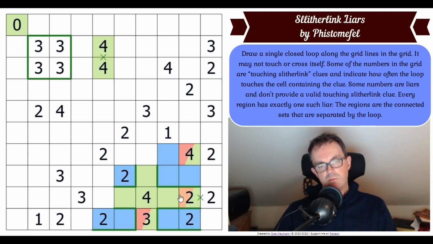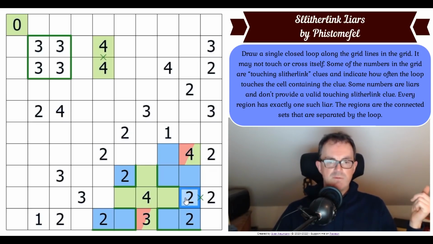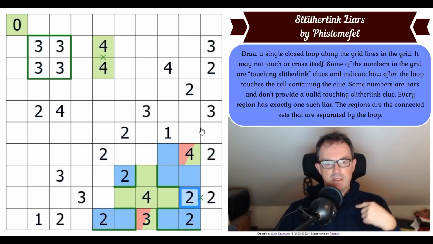Because if we do, we've changed the 2 clue into a 1 clue. So we have to continue. And that's penned in this blue region at the bottom of the grid. That doesn't work. So actually, we can say this is not green, it's blue. Which means we already know it's true, so I can get rid of the orange stripe. So this is true, and that's a line segment.